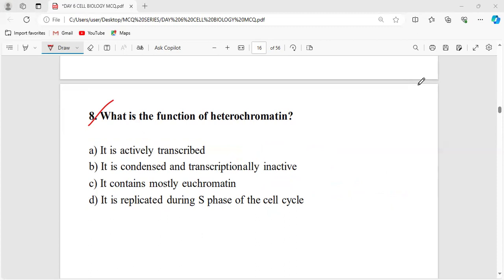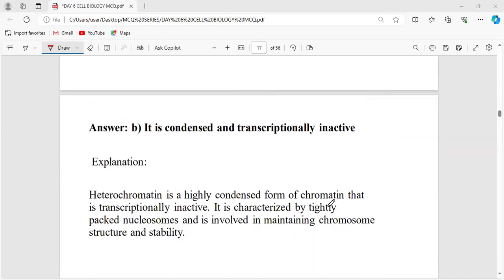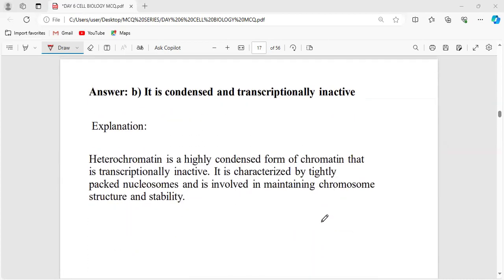You can easily eliminate the option, right? It is condensed and transcriptionally inactive. It is characterized by tightly packed nucleosomes.